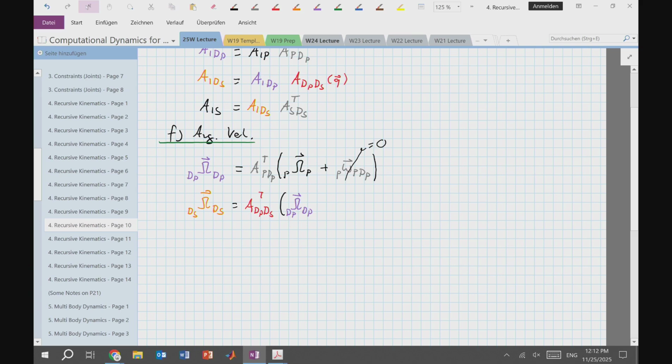It's basically just a coordinate transformation that we applied. And now I have this relative angular velocity between the dp system and the ds system, which I express in dp coordinates. And that is now not 0, because there's a joint in between, and that joint has some joint angle q, and if that joint angle changes and it's a rotational joint, we will get some relative angular velocity between these two bodies. So that depends then on q and q dot.